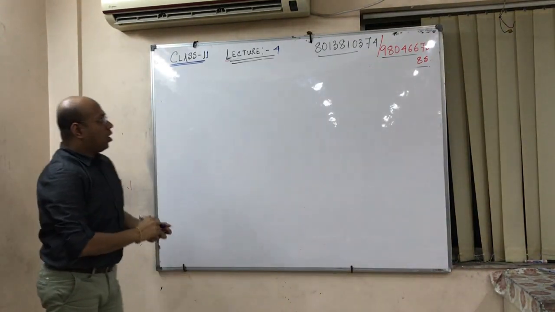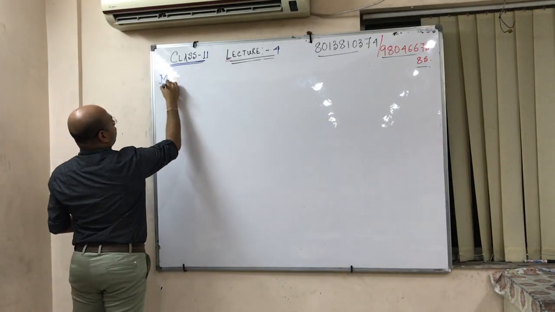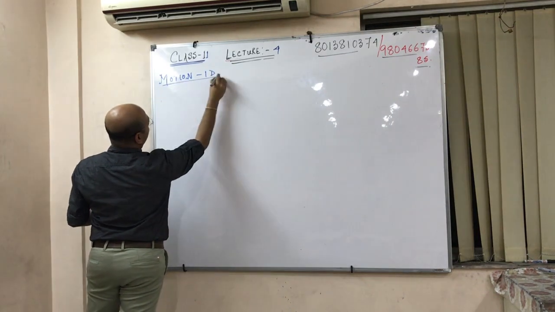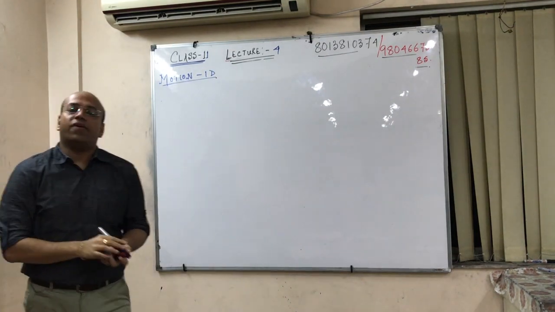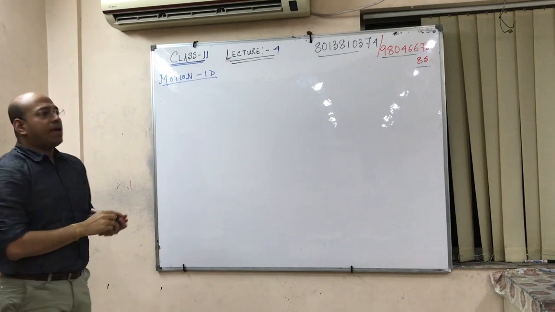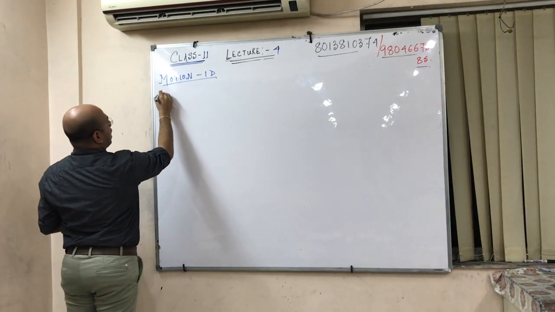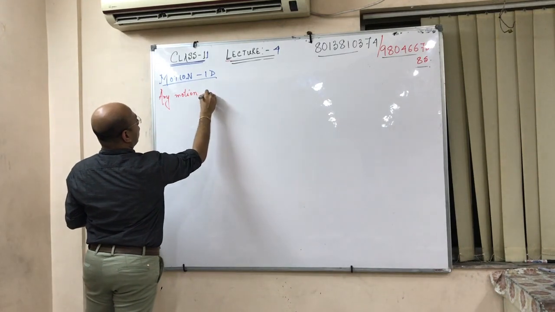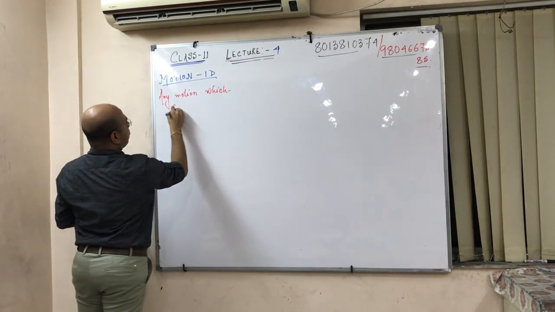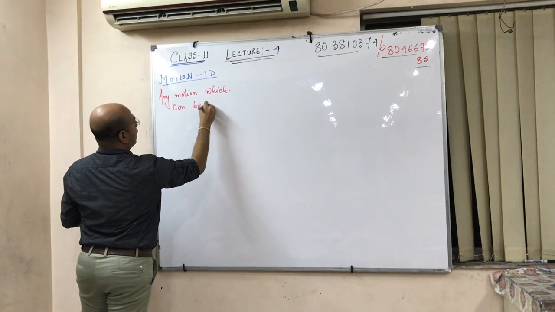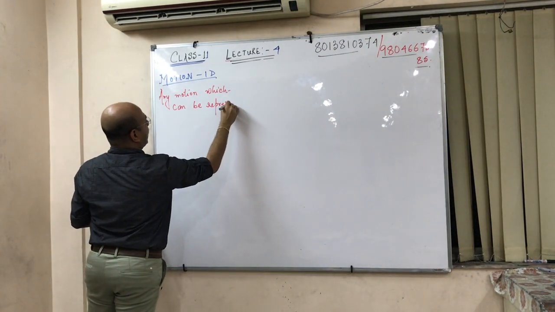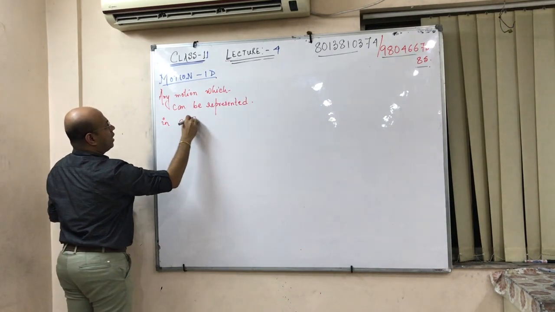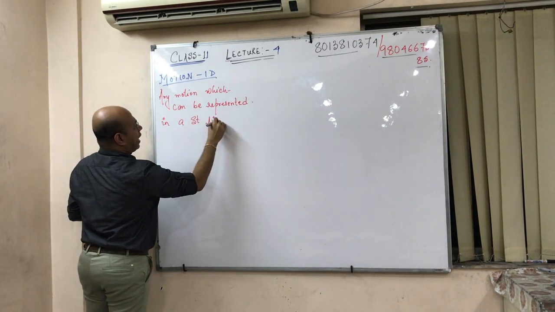Now, when we start off with motion in one dimension, what does this one dimension signify? Simple thing: one dimension signifies any motion which can be represented in a straight line.